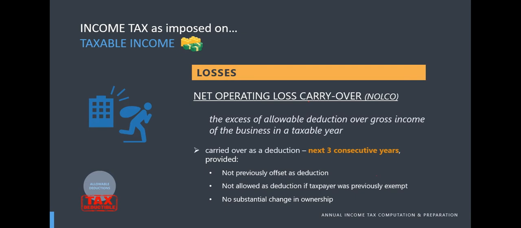Let's say, for example, company A is tax exempt until December 2020. However, company A has an existing net operating loss of 1 million.